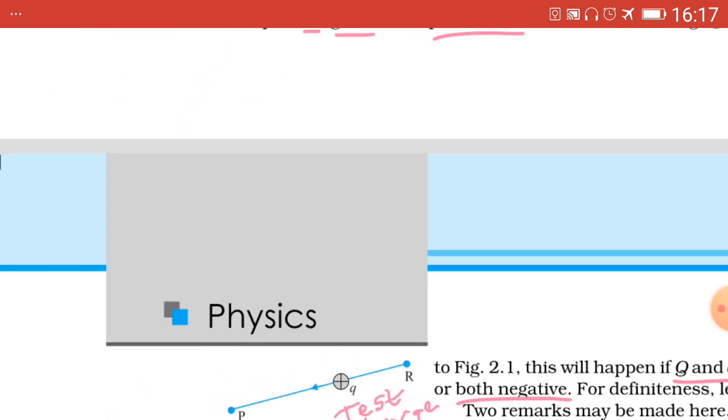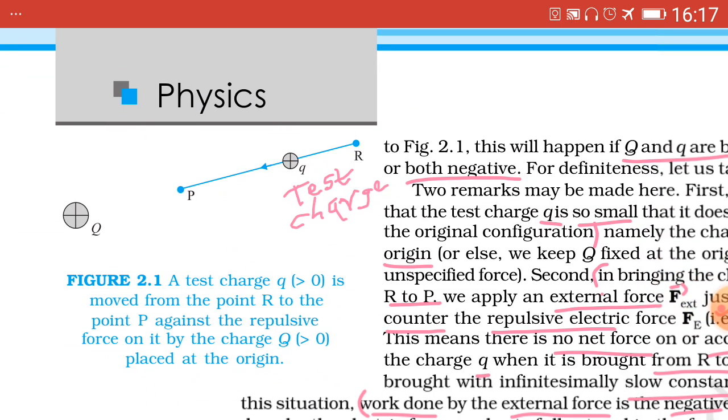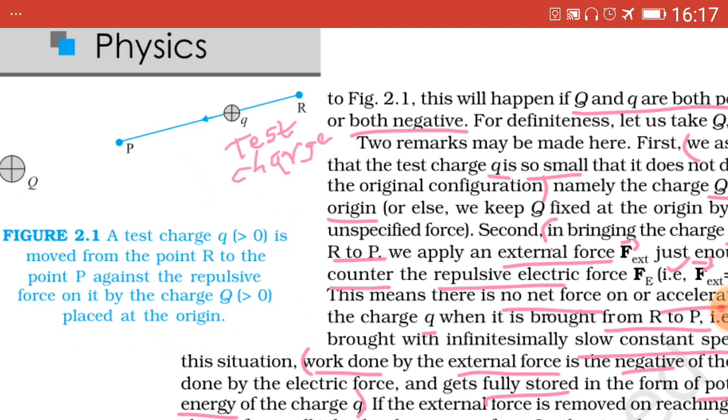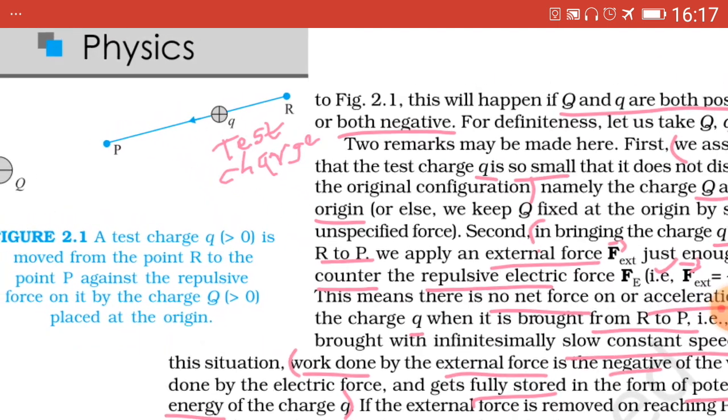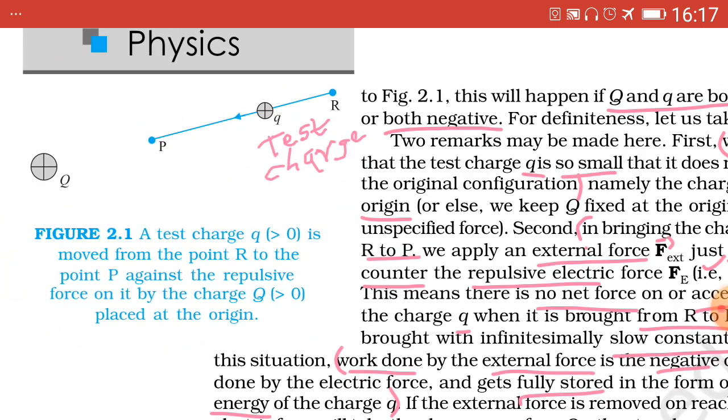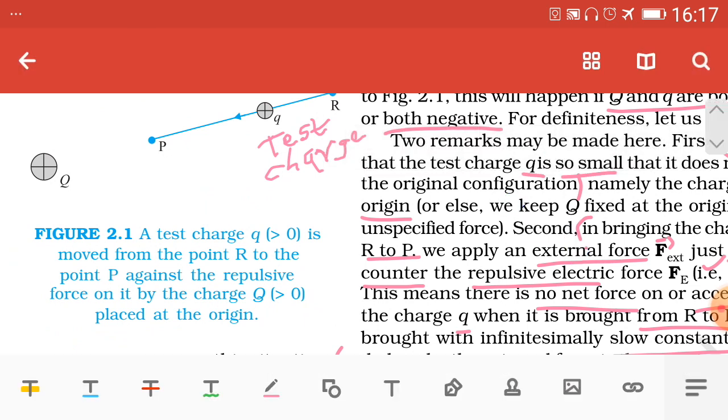Now we refer to the diagram given beside. This is the diagram. The test charge is denoted by small q plus, and capital Q is the original charge lying at the origin, shown in the diagram.